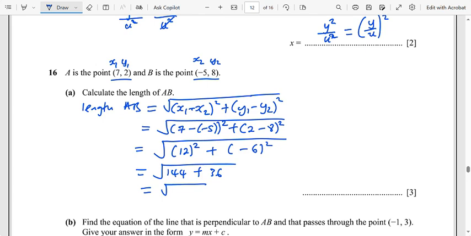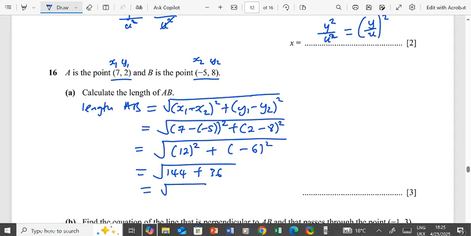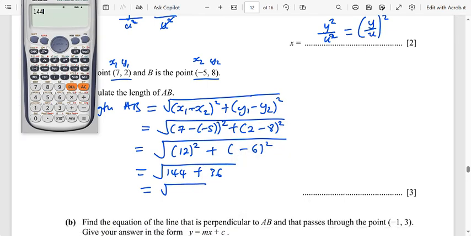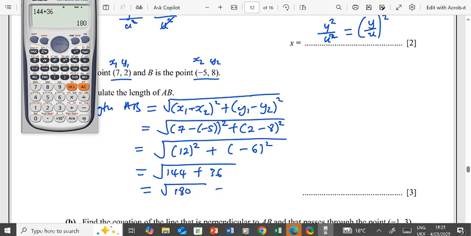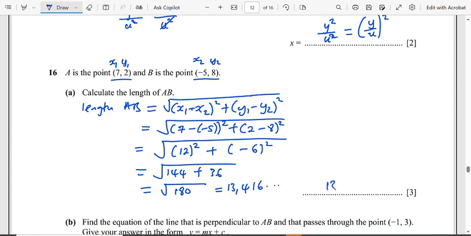So when we say 144 plus 36, we get 180, and we need the square root of that. So that's 6 root 5, but here we can leave it to 3 significant figures. So the answer is 13.4.